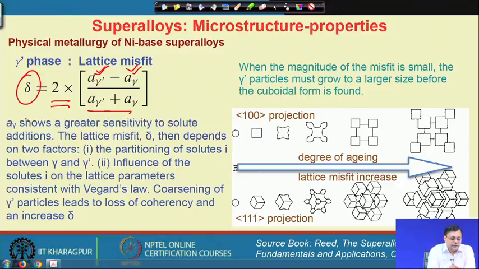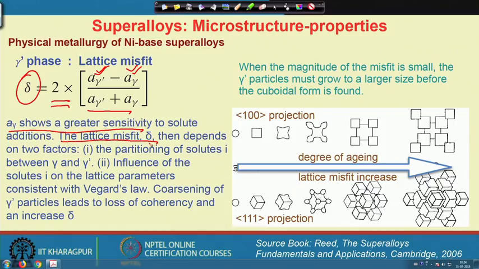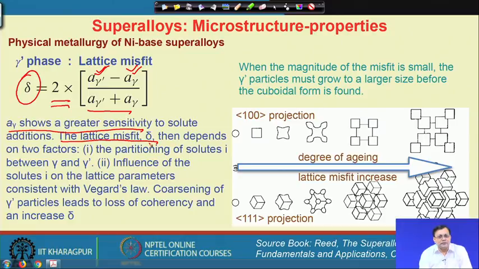So, here this particular solid solution phase, meaning the gamma nickel phase, shows a greater sensitivity to the solute addition. There is no doubt, if we take a solid solution and keep on adding different alloying elements, then the lattice parameter will change more. However, the lattice misfit depends basically on two different parameters. Because if we add a ternary alloying element, then there will be partitioning.